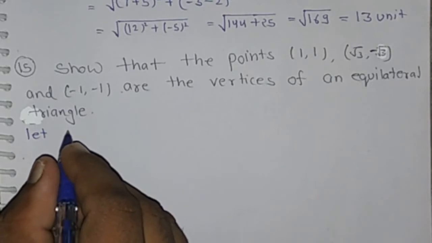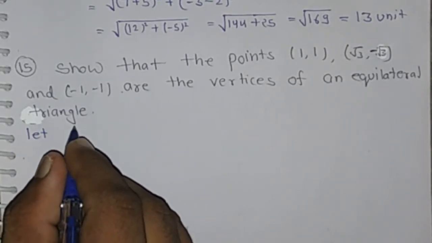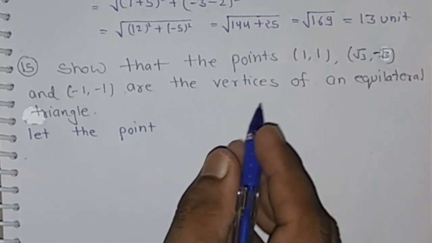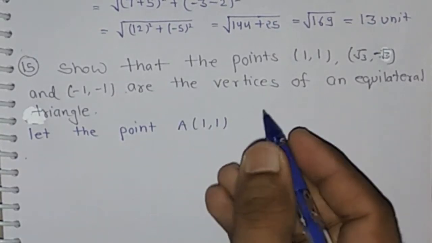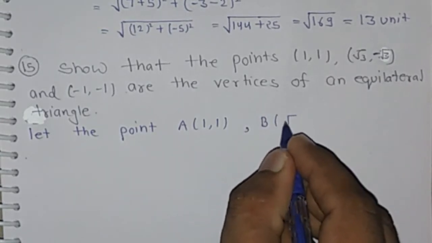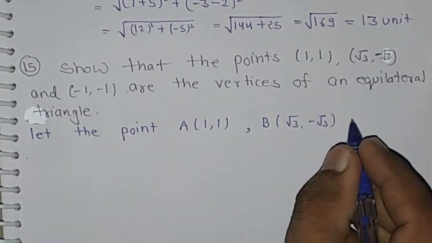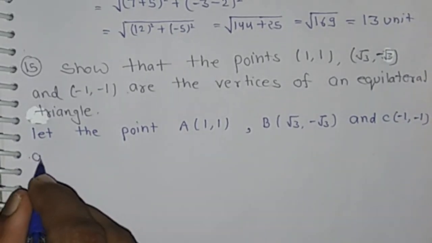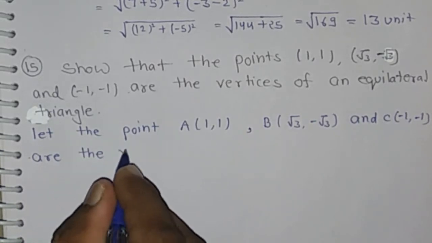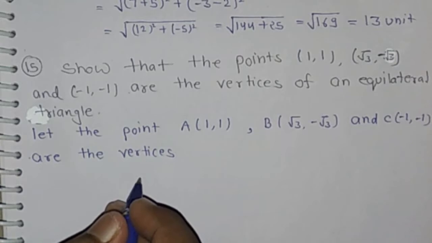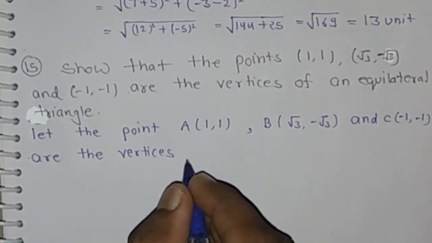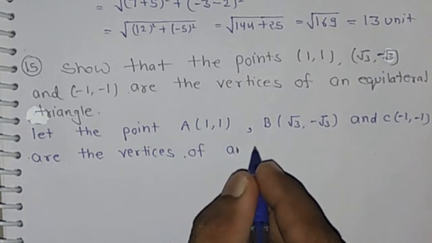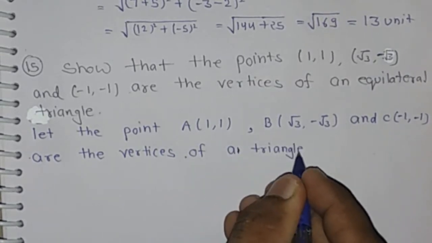Let the points A (1, 1), B (root 3, minus root 3) and C (minus 1, minus 1) be the vertices of a triangle, and we have to show that it is an equilateral triangle.